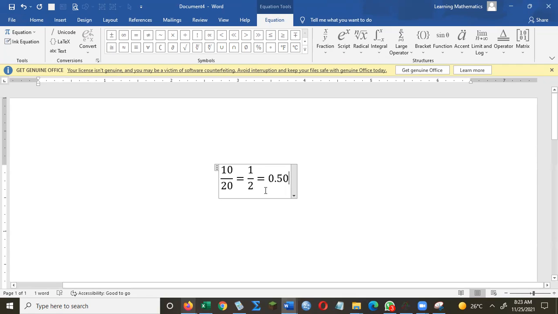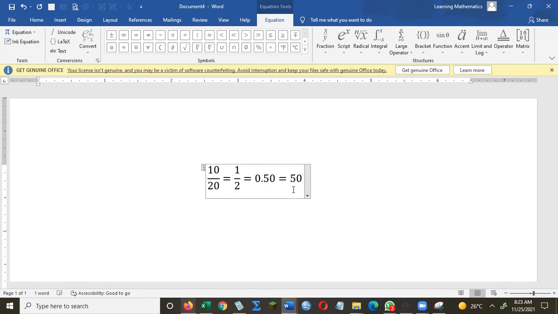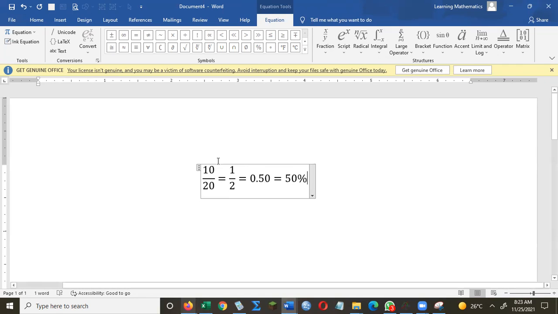So 10 over 20 is the same as 1 over 2, which is the same as 0.5. It appears differently, but it is the same value. And there's another way you can write 0.50, as 50%. So all these four representations have the same value, but they look different.